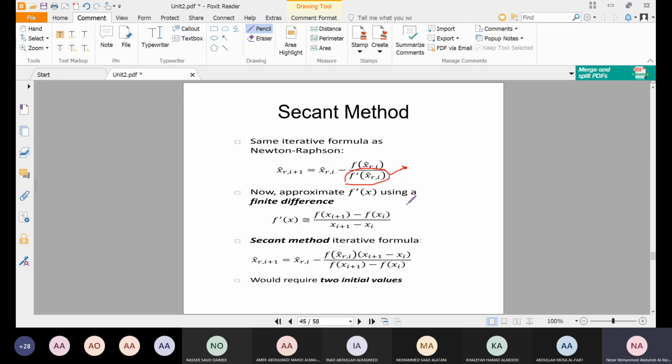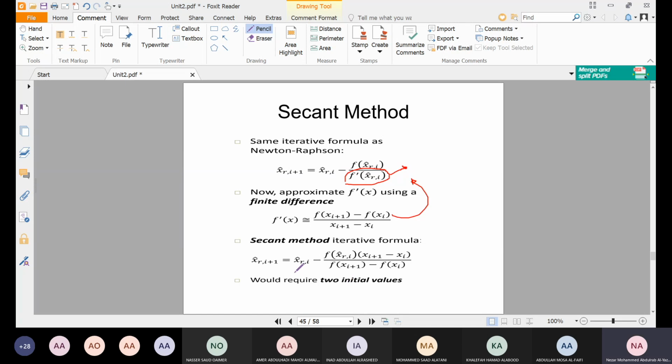So this second method just approximates the derivative by using the finite difference. We know the first derivative is equal to the slope, and this will be the finite difference, equal to f of x i plus 1 minus f of x i over x i plus 1 minus x i. So we just substitute this here to get the new formula of the second method.